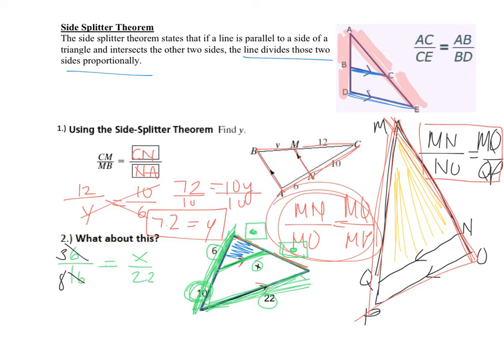So 3 times 22, that's 66, equals 8x. I'm going to divide by 8. I can divide each of those by 2, so that gives me 33/4. And if I want to make that a mixed number, x would be 8 and 1/4. If you left it as 33/4, that's fine too.